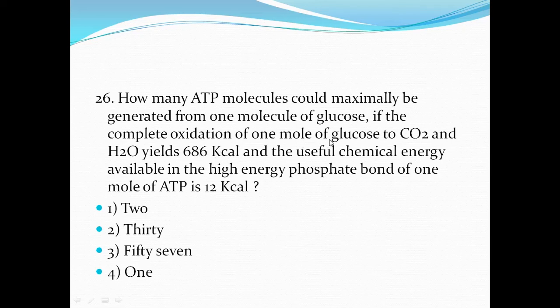Total 686 kilocalories, and 1 ATP can yield 12 kilocalories. So you just have to divide 686 by 12, you will get 57. So here the answer is 57.